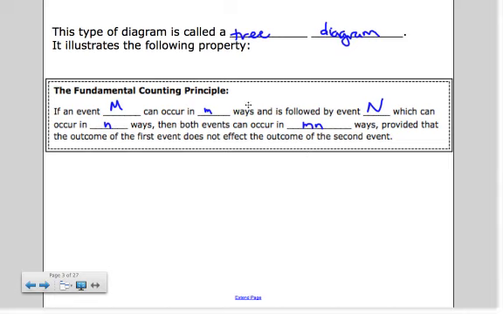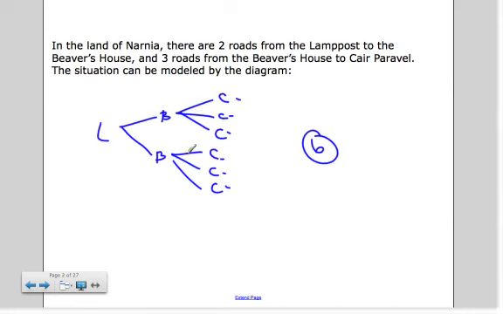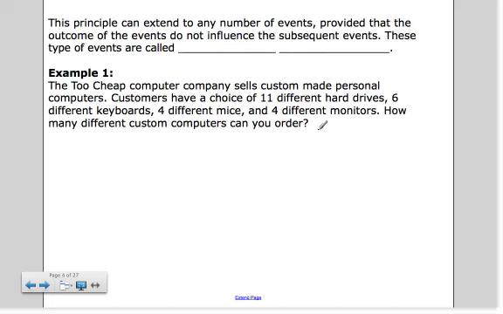So if we go back to our problem, we had 2 ways to get to the beaver's house and 3 ways to get to Cair Paravel. So that would be 2 times 3 ways to get from the lamppost to Cair Paravel, which is 6. This principle can extend to any number of events.